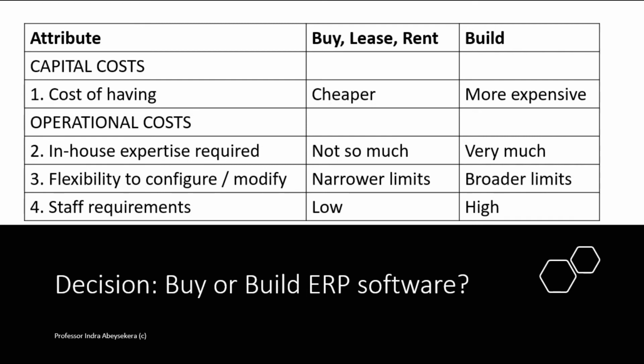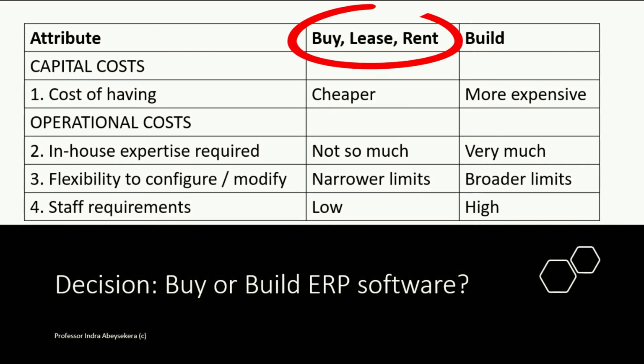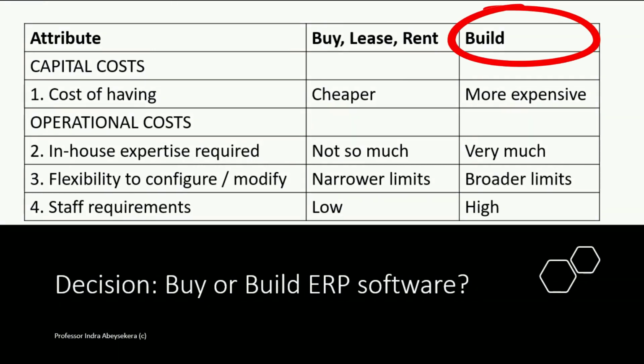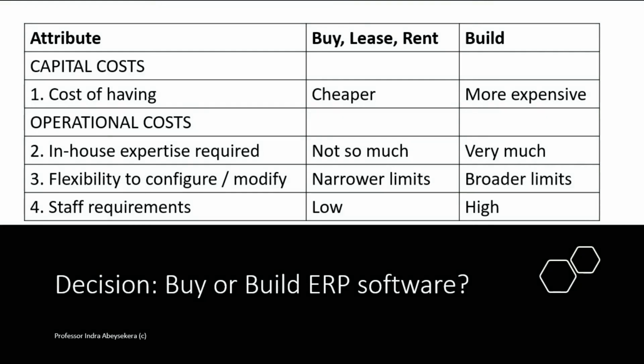So in this current climate, the ERP software can be bought, leased, rented, or can be built. So the question is primarily about buying the software versus building the software.